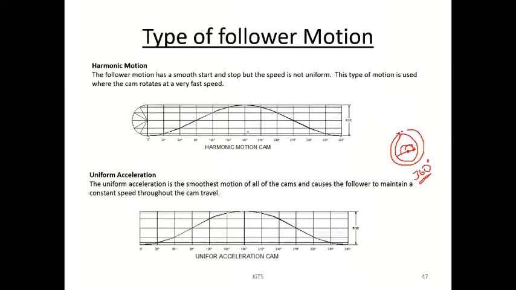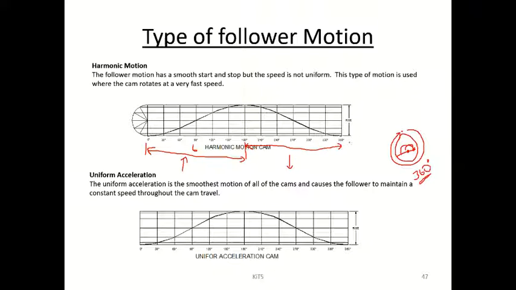Now, split this 360 degrees into upward motion and downward motion. Consider that for 180 degrees, the follower has upward motion, and for the remaining 180 degrees, it has downward motion. Further, split this 180 into 6 parts.